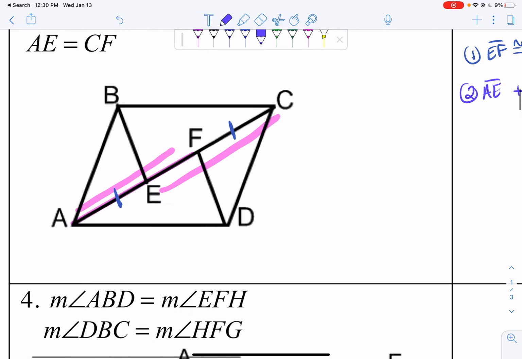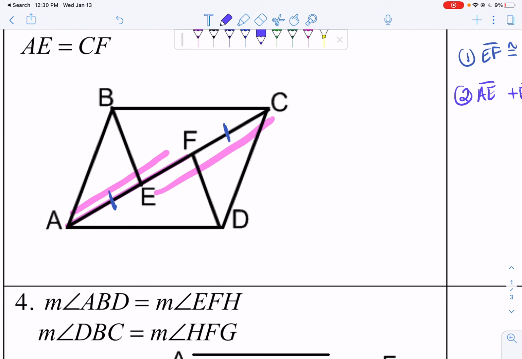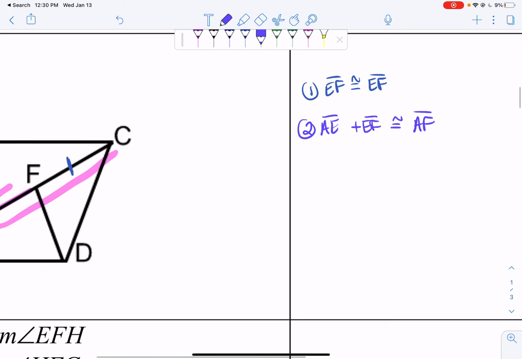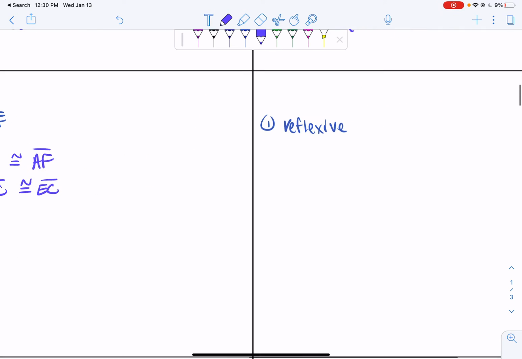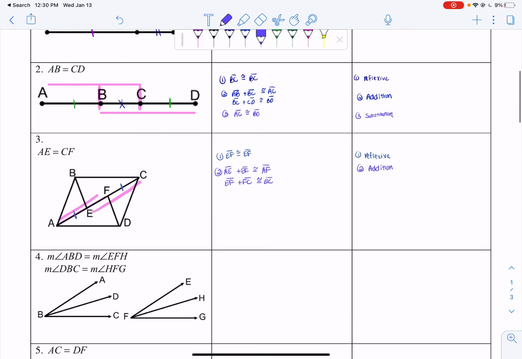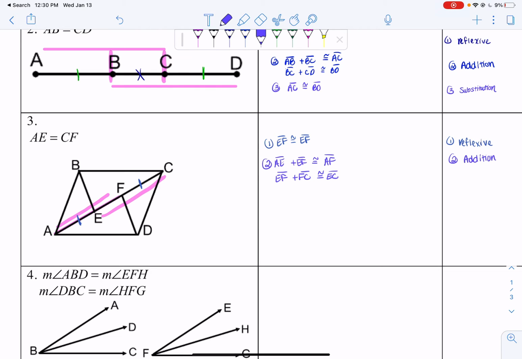And now I can put together EF and FC to make EC. So EF plus FC is congruent to EC, and that's going to be addition. And then last but not least, I can say my wholes are congruent to each other.